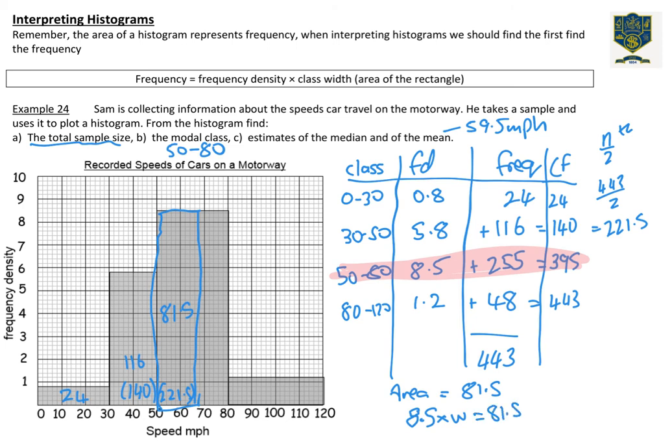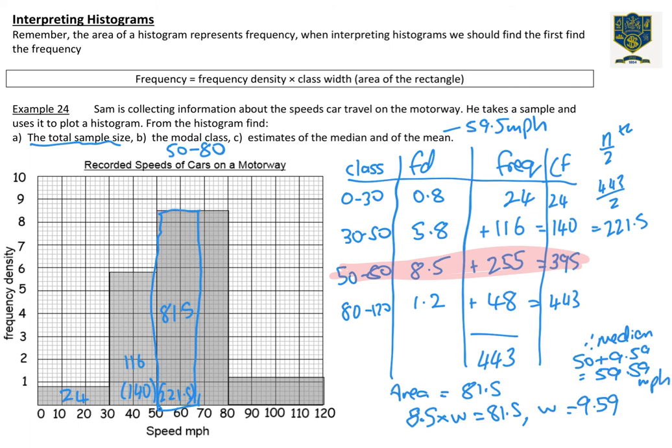So if we divide 81.5 by 8.5, we get W to equal 9.59. So that means the width of this bar is 9.59. The bar starts at 50, so therefore our median is going to be 50 plus 9.59, which is 59.59 miles per hour.